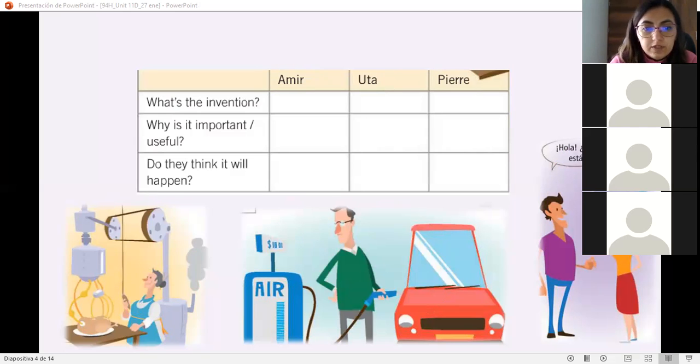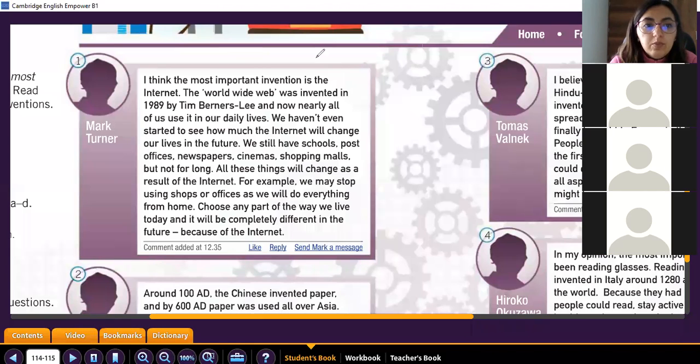Let me share with you first the book. Can you see the book, guys? Yes, teacher. Okay, thank you so much. I'm going to ask you this time to help me reading. If there's any new word you don't understand, please feel free to ask for the meaning so everybody can understand what we are talking about, okay?